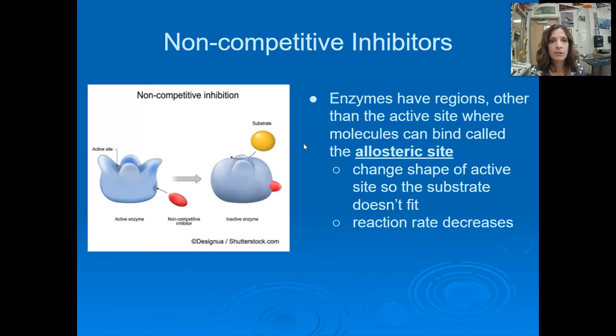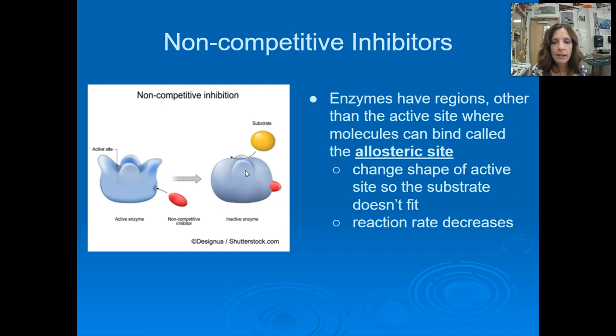So non-competitive inhibitors, if you notice, it's non-competitive because it is attaching to the enzyme in a site other than the active site. And this region other than the active site is called an allosteric site. So you can have allosteric inhibitors, and what it's doing is actually changing the shape of the active site so that the substrate can't bind to it.